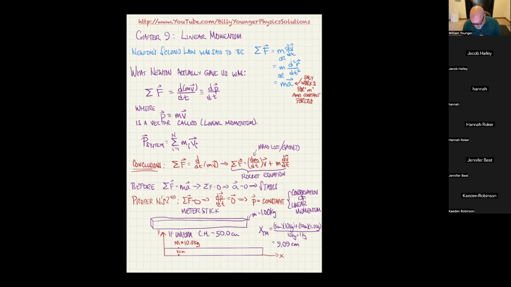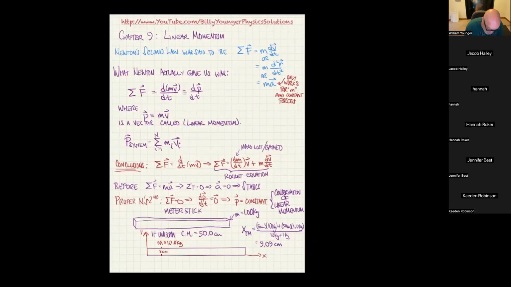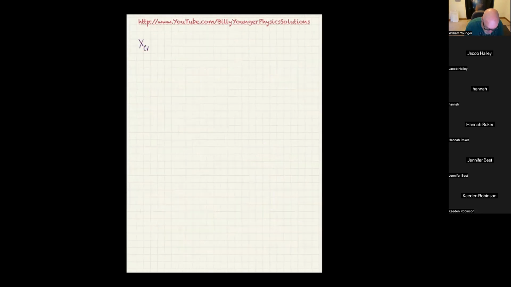As you can tell, a Y center of mass would be the same formula. In fact, I'll go ahead and write it. I'm going to say the X center of mass is equal to X1 M1 plus X2 M2 plus dot dot dot on up to plus XN MN.